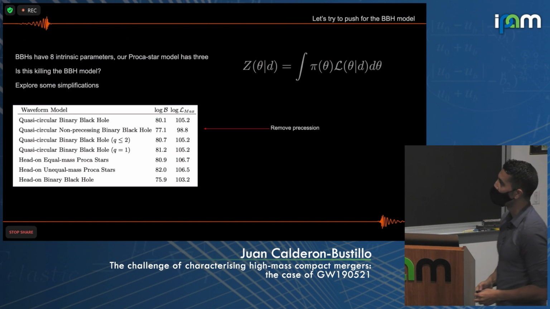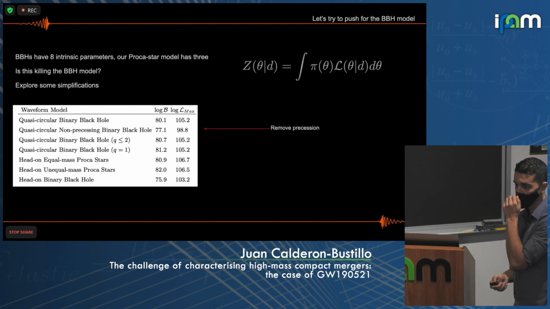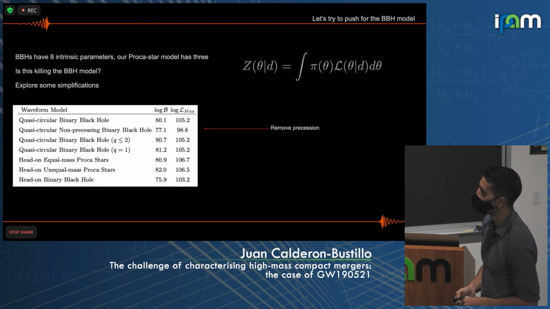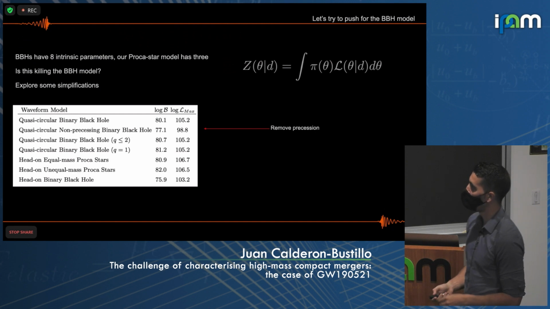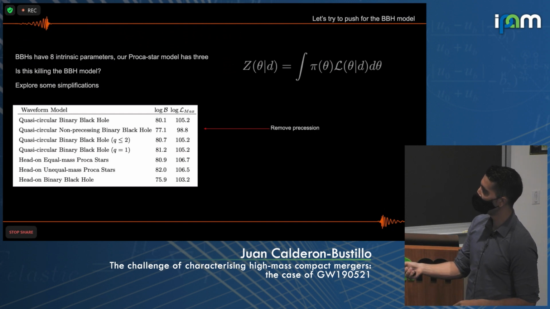But you can also say, well, am I overkilling the black hole model? The black hole model has precession. So each black hole has 8 intrinsic parameters, whereas our Proca star models have 3, meaning the total mass, the frequency of the first star, the frequency of the second. So you're exploring a very vast parameter space to achieve a given fit.